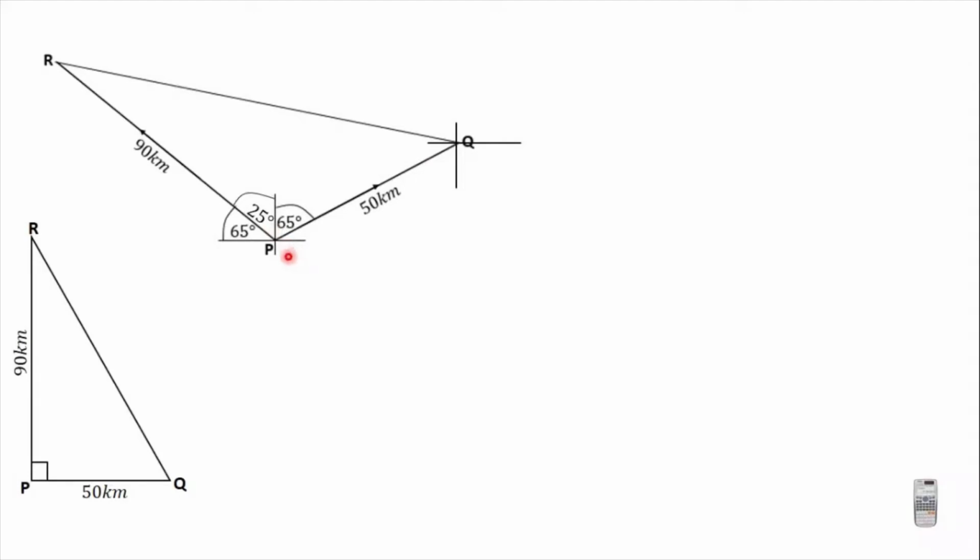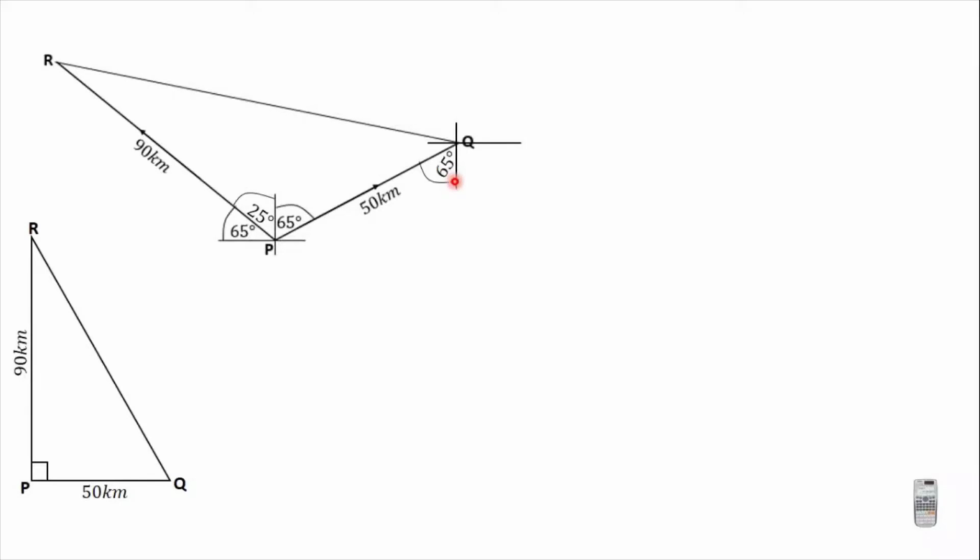Now look at something here. The vertical line that passes through P, and this vertical line that passes through Q. These two lines are parallel lines. So it means that line PQ is a transversal. From the angle properties of parallel lines, we know that the angle created here, which is 65 degrees, and this angle here are alternating angles.